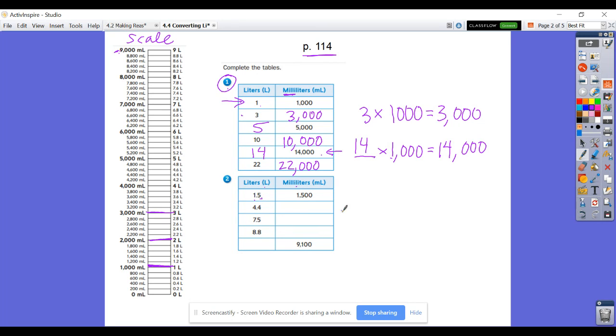So if we just said a full liter is 1,000 milliliters, right? Well, then we would know, I'll switch colors just so it stands out. If I'm talking about 5/10 of a liter, or in this case, half of a liter, well, what's half of 1,000? That's only 500 milliliters. It's not quite 1,000 milliliters because 1,000 milliliters would be a whole.